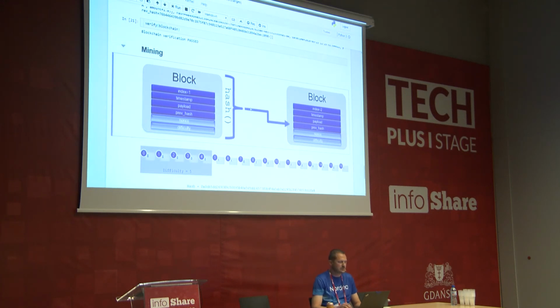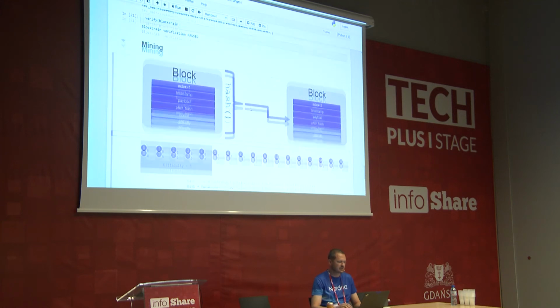One is called a nonce, and this is a numeric field which is constantly increased. And upon each increase, the hash is calculated. And once we reach a hash that starts with a certain amount of zeros at the beginning of the bits, then we say we found a solution.